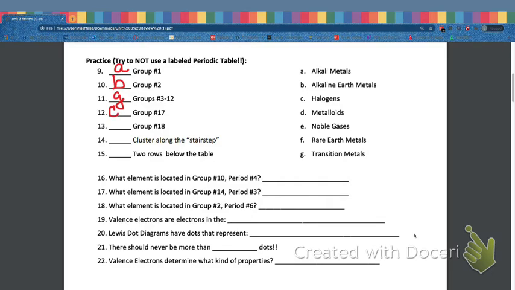Group 18 are the noble gases. The cluster along the stair step are the metalloids. And the 2 rows below the table are sometimes called the rare earth metals. Sometimes they're called the inner transition metals. Sometimes we call them the lanthanide and actinide series.